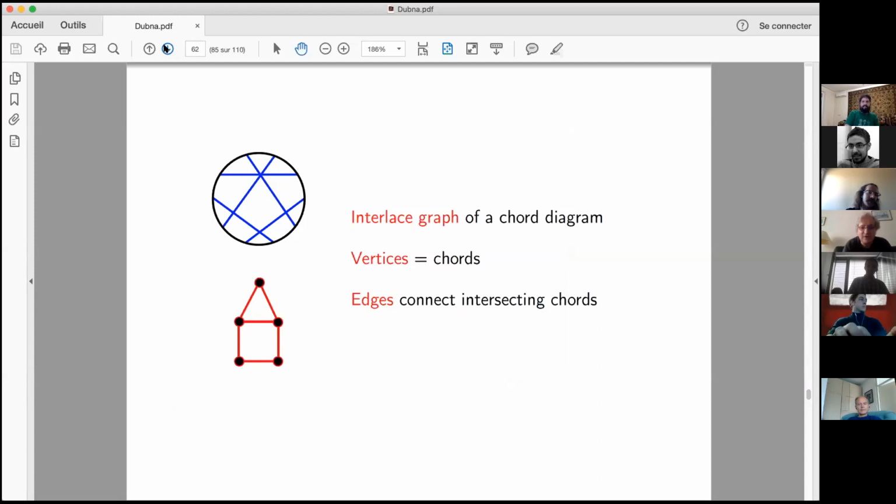If you have a chord diagram, on the top of my slide, you can associate to it a graph. Vertices are the chords, and you connect 2 vertices if they cross. So for example, in this picture, you have 5 vertices, and you see this is one of the forbidden chord diagrams, and you can draw this picture of the associated graph.